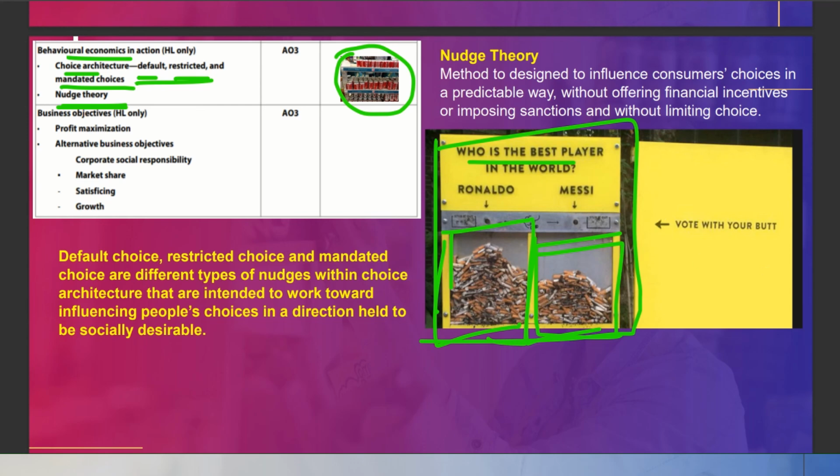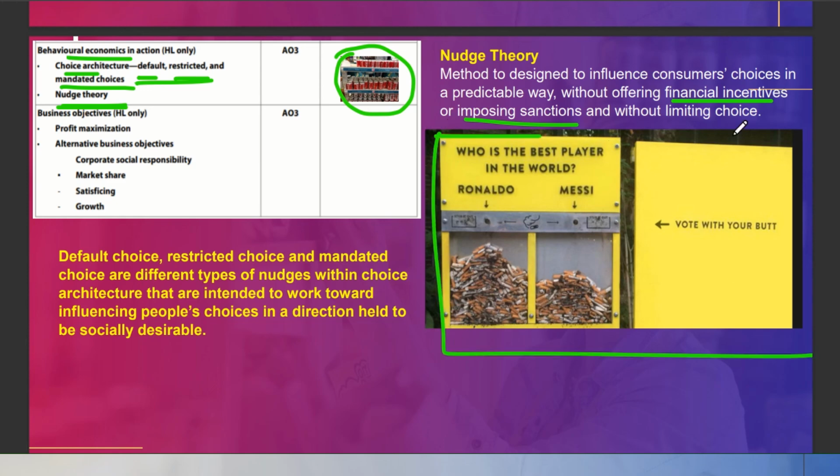The government here didn't ask consumers not to smoke. There is no advertisement about the causes and consequences of smoking, no imposition of sanctions, no financial incentives, nothing. But just this one poster changed consumer behavior. So nudge theory talks about a method of design to influence consumer choice in a predictable way.